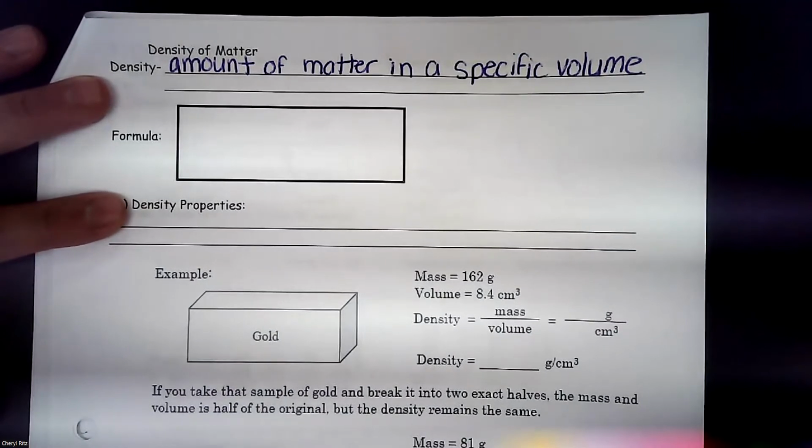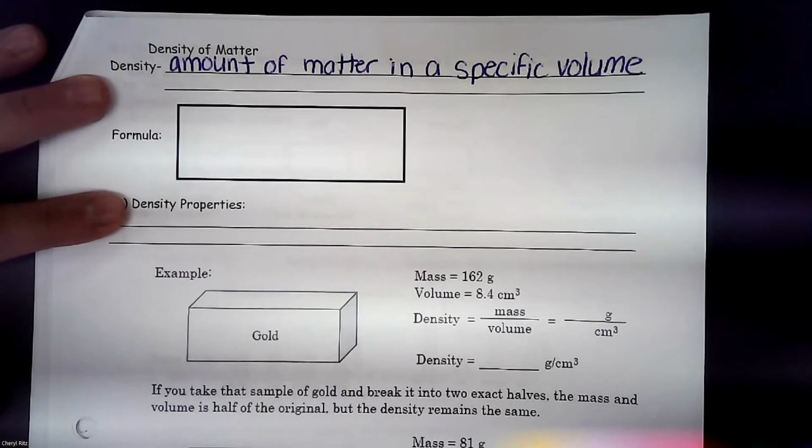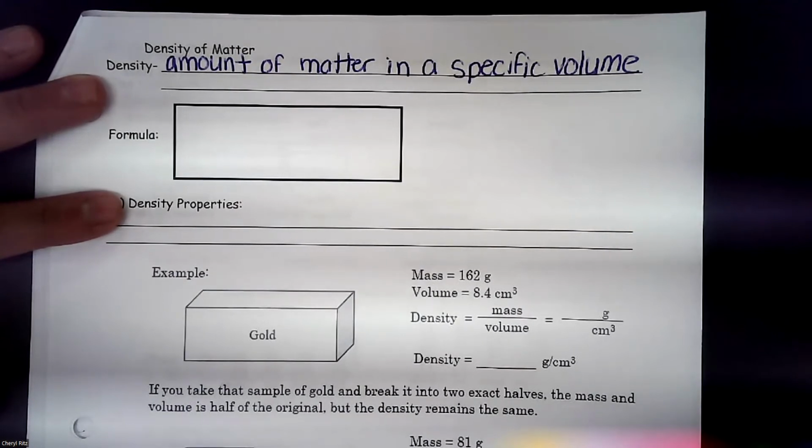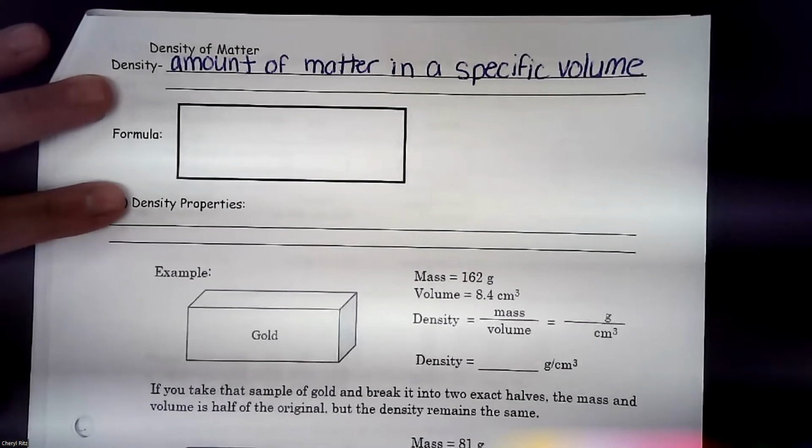That's pretty fancy. Does that help anybody yet? Do you guys know what the word matter means? Everything's made up of matter. It's the smallest pieces of stuff. I could replace the word matter with stuff. It's the amount of stuff in a specific volume.